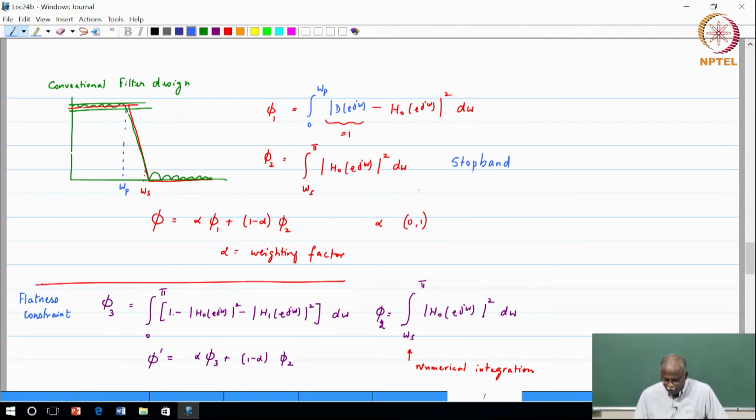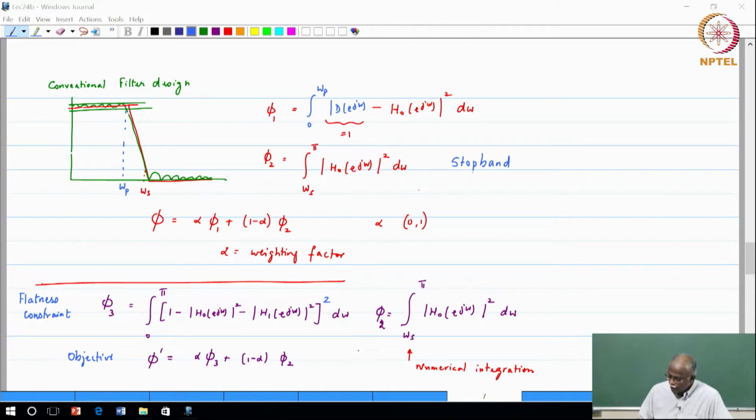What you have within the square brackets is a term that can go positive or negative. So you have to square it before you integrate, so that you get a positive quantity, which can be minimized. So make sure that the square is inserted. The objective function that we are going to use is alpha times phi 3 plus 1 minus alpha times phi 2.